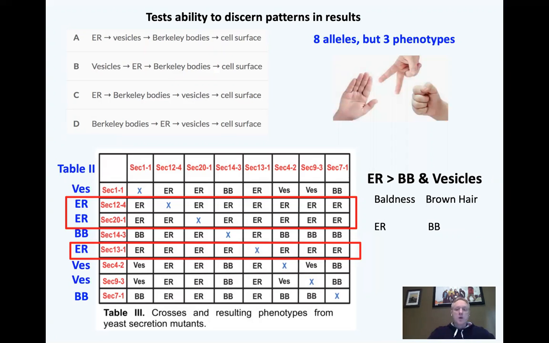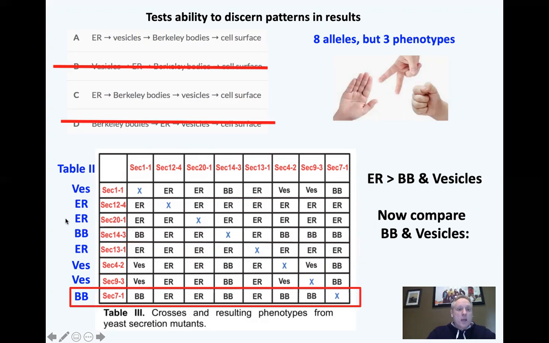ER can kill anything. So in the epistasis experiment, in order to express the Berkeley body and vesicle phenotype, you have to have a functional ER. What that tells us is that ER is the first one, which means that we can eliminate choices B and D. And so now it's between Berkeley bodies and vesicles.